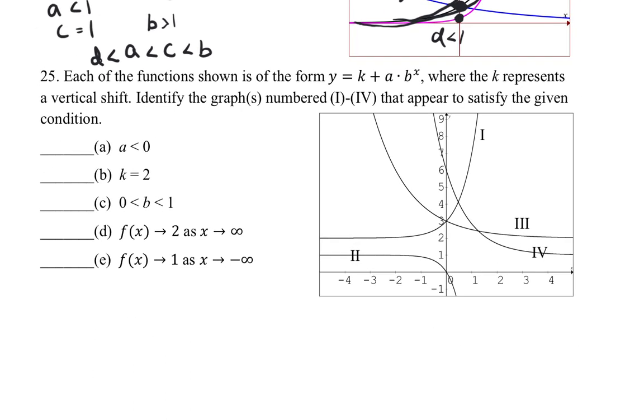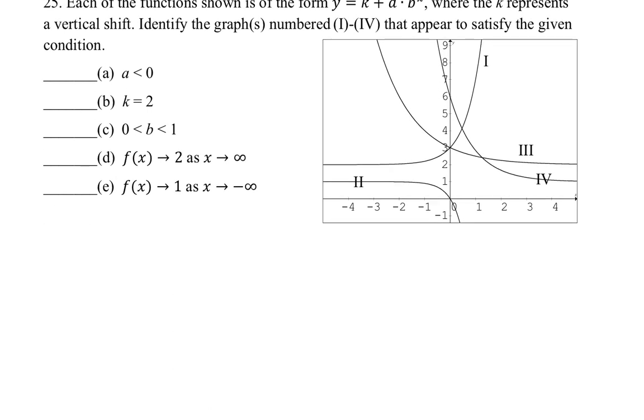Question 25. Each of the functions shown are in the form of y equals k plus a times b to the x, where k represents the vertical shift. Identify the graphs number 1 through 4 that appear to satisfy the given conditions. So, a is less than 0. I see one graph that fits this condition.